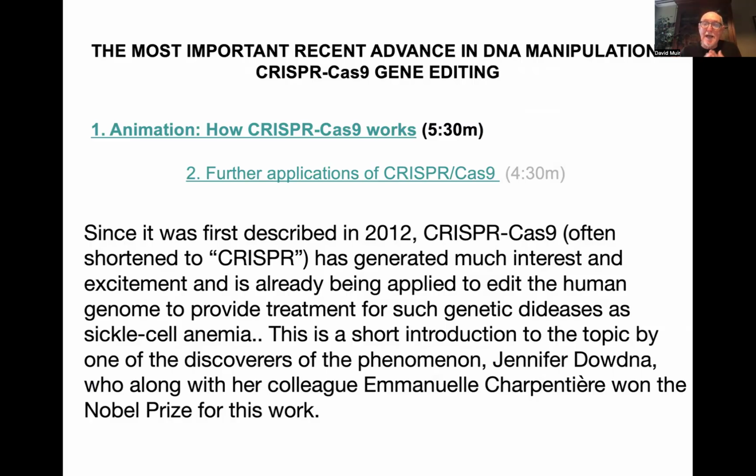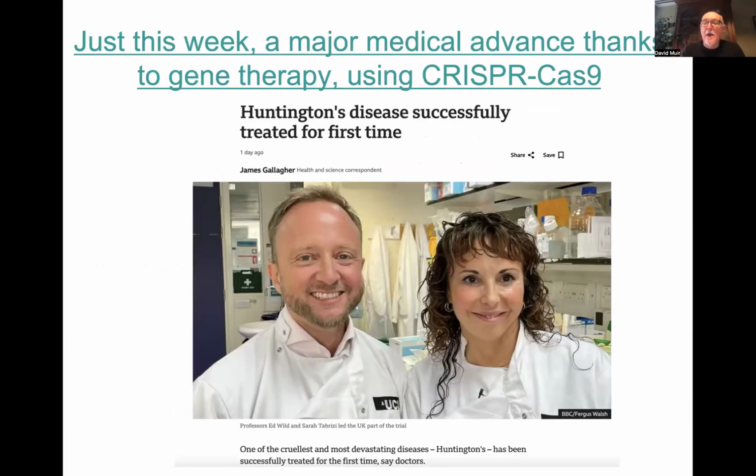However, CRISPR-Cas9 has this huge potential, and that is to be used to treat genetic diseases. And in fact, this very week, they announced a huge advance in medical science, and that is the very first treatment of this terrible disease called Huntington's chorea or Huntington's syndrome, Huntington's disease, which is a neurodegenerative disease.